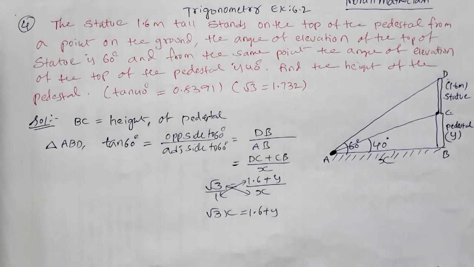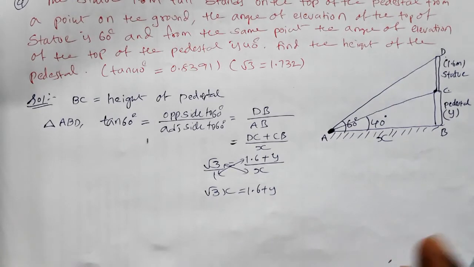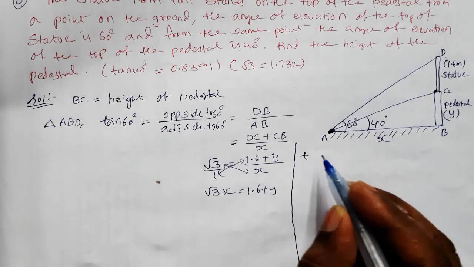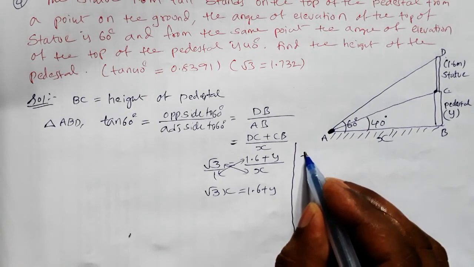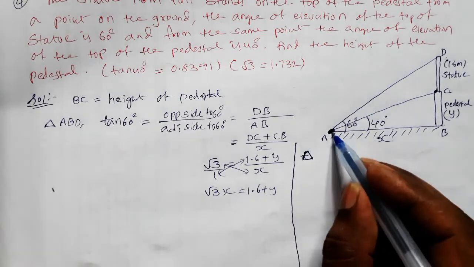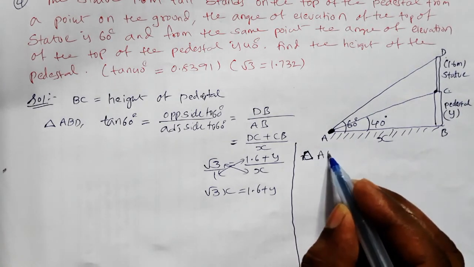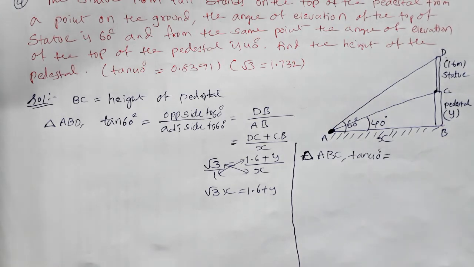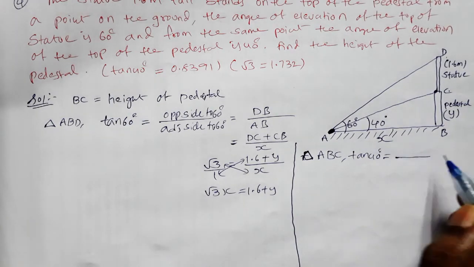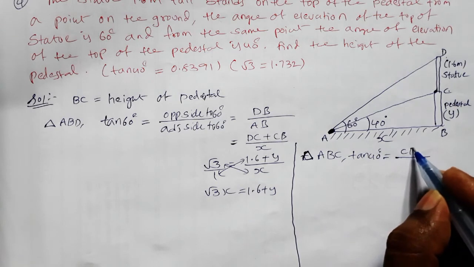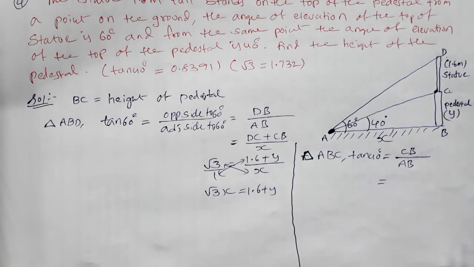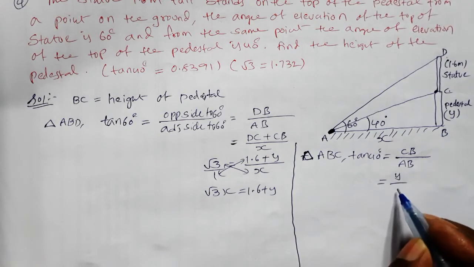Now apply tan 40. For applying tan 40, we have to take triangle ABC. Tan 40 equals opposite side, which is CB, divided by adjacent side, which is AB. CB is y, AB is x.